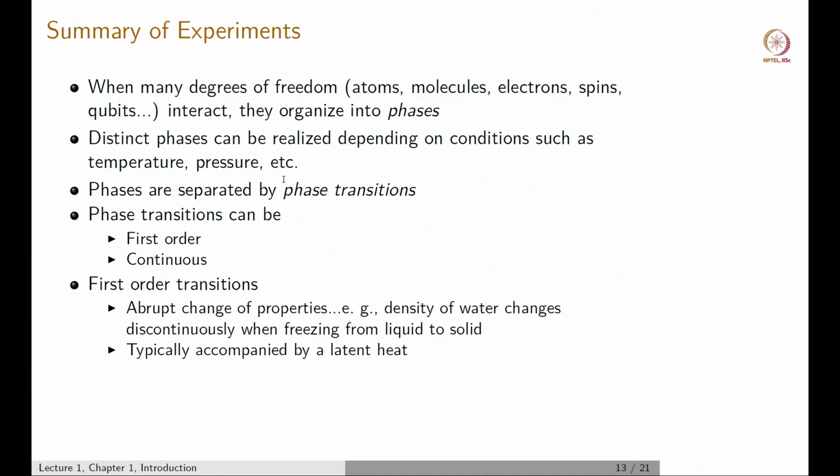Typically, first order transitions are accompanied by latent heat. That is, if you are trying to change the state of liquid water to solid ice, once you hit 0 degrees, you have to remove a certain amount of heat to be able to further cool the system below 0 degrees. So you have to remove all the heat from the liquid to make it into the solid phase, and this is what we call latent heat.